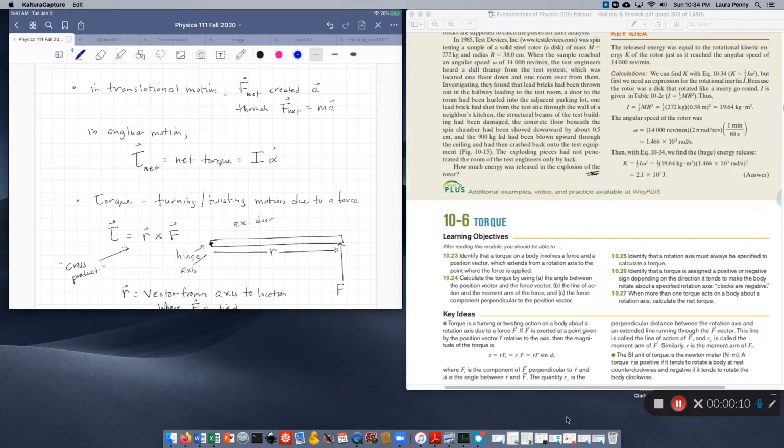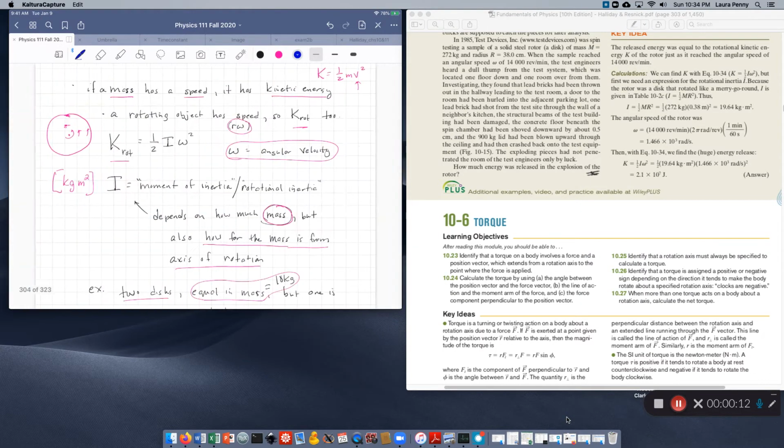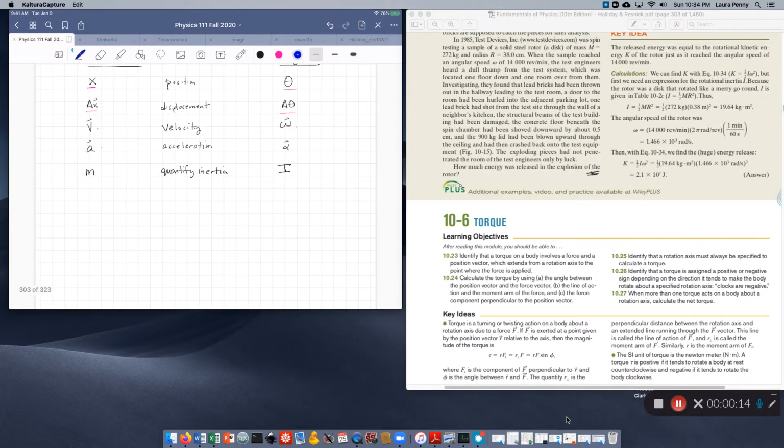So back in translational motion, let's add back on this table the way we quantified inertia. We've added in here mass and then moment of inertia. Before, we had translational kinetic energy, which was 1/2 mv squared.